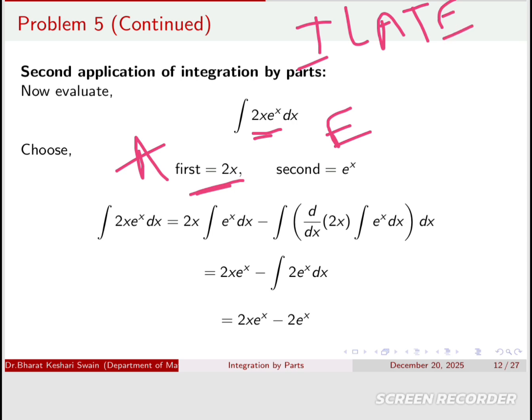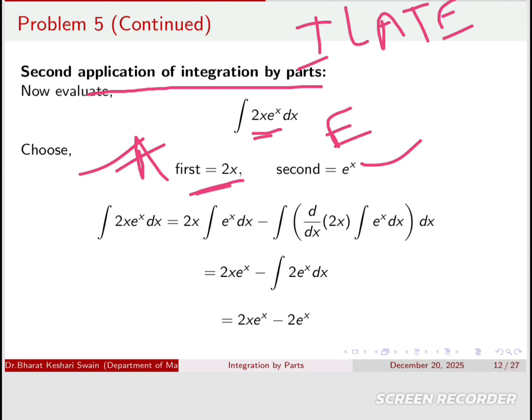So again take this as first function, take this as second function, and use the rule. That's why we are writing here the second application of integration by parts. So two times we have to apply the by parts rule.